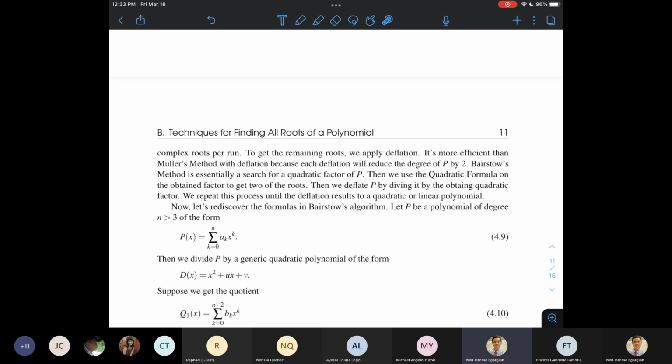So, nag-iterate siya, naghahanap siya ng polynomial factor, tapos pagka nakuha niya na yung nice enough approximation to one of the polynomial factors of p, magkakaroon na lang ng quadratic polynomial si Bairstow para ma-compute yung dalawang roots ng given polynomial. Tapos pag nakakuha ka na ng dalawang roots, yung quadratic factor na nakuha natin mula sa algorithm niya, yun yung gagamitin natin para ma-deflate yung original polynomial p by 2 degrees.